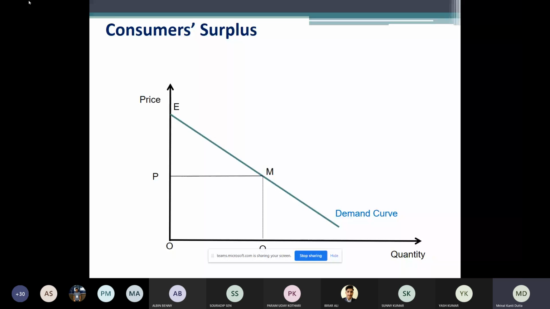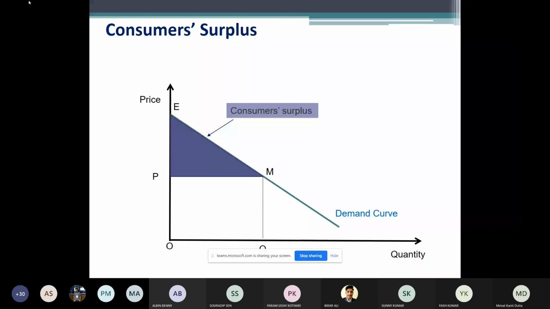The summation of that area represents the consumer's surplus. So in the diagram, this shaded portion is nothing but the consumer surplus. This is the portion which the consumer is prepared to pay for the product, but is not required to pay, because the price is lower than what he is prepared to pay. So this is consumer surplus, right?